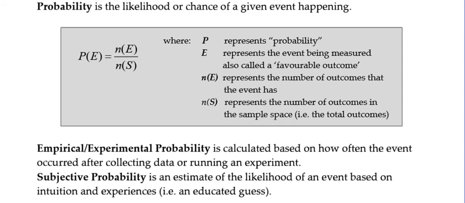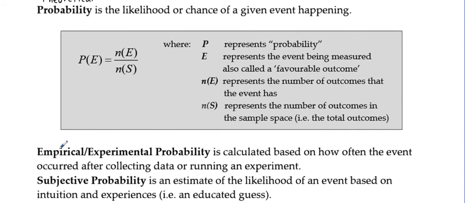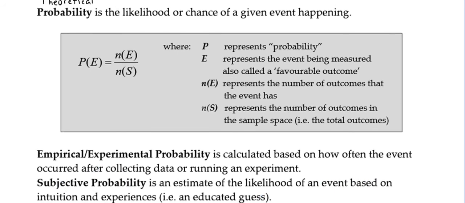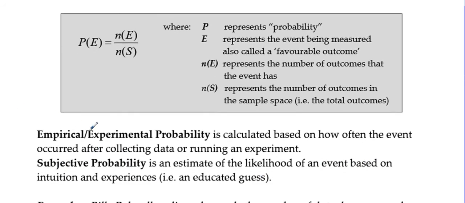The second one is experimental, or also called empirical probability, which is calculated based on how often the event occurred after collecting data or running an experiment. The third, subjective probability, is an estimate of the likelihood of an event based on intuition and experiences, which is an educated guess.